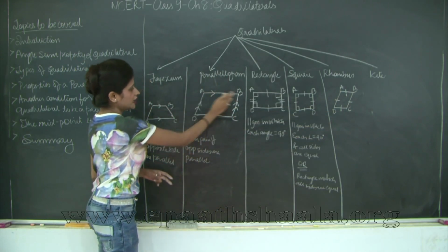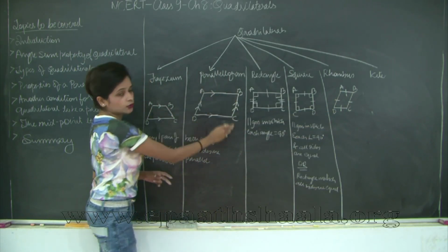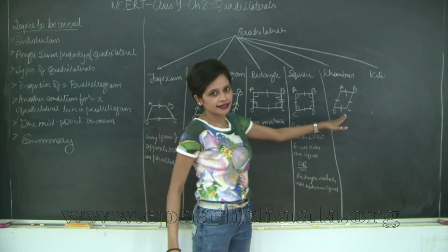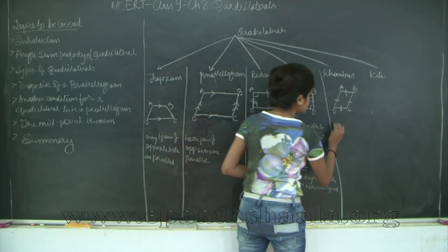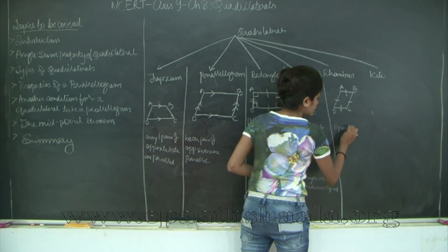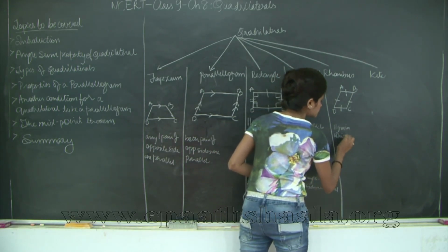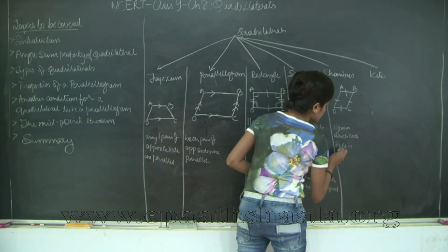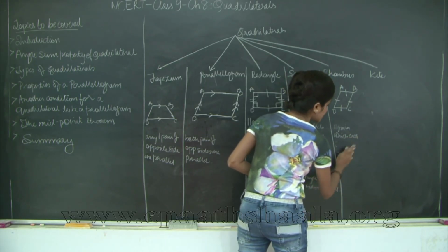Here we have AB equal to CD and AD equal to BC. But here AB is equal to BC is equal to CD is equal to AD. So I can say a rhombus is a parallelogram in which each side is equal, or in which all sides are equal.